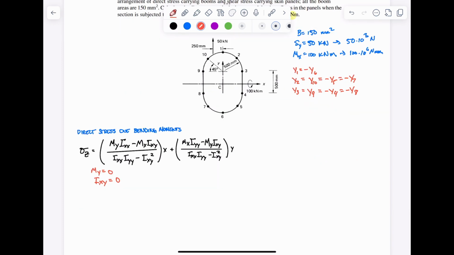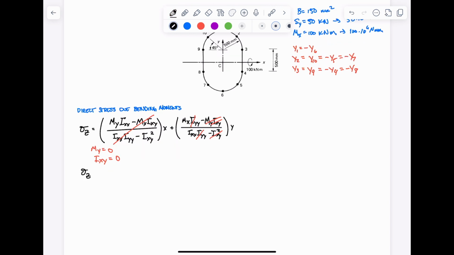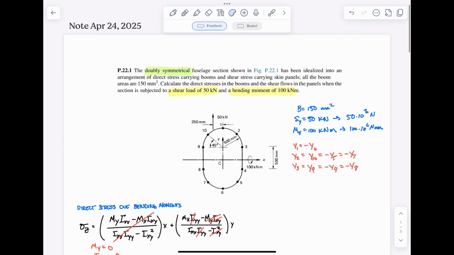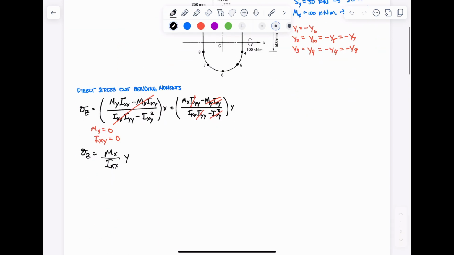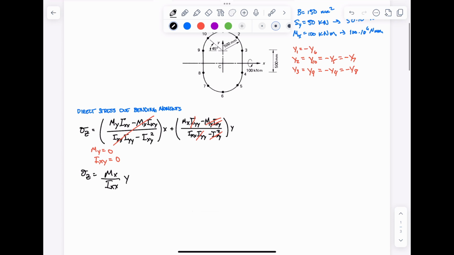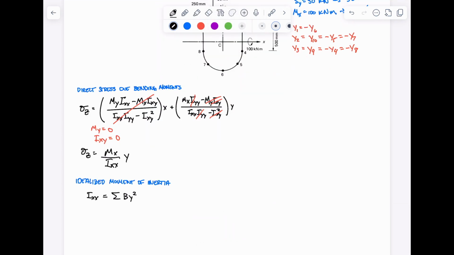So we can simplify this down to direct stress is equal to Mx over Ixx times y. Now, we know that this geometry is idealized. So this is the idealized moment of inertia formula for Ixx.